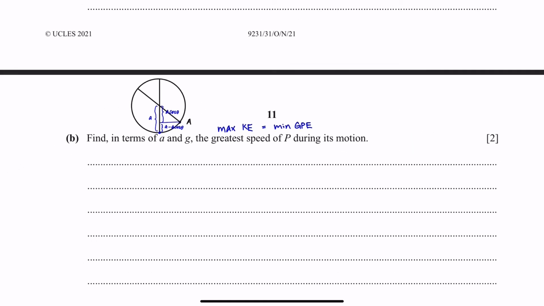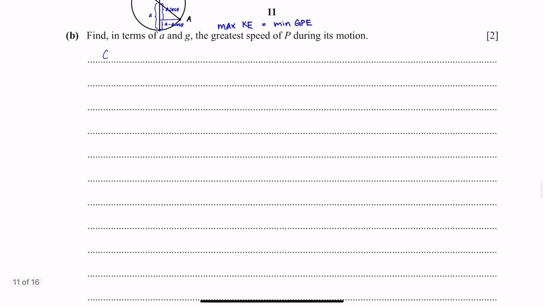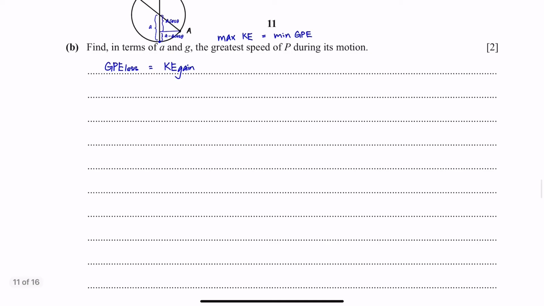Alright, so we can just use this formula. The GPE loss equals the KE gain. So GPE loss would be mg times (a minus a cos theta), because it's the height difference, right?